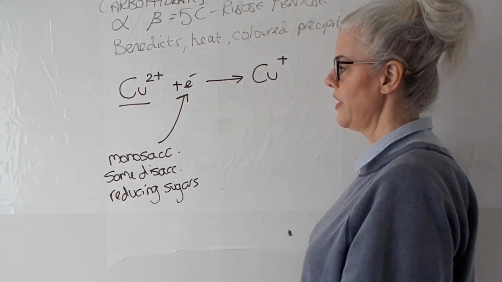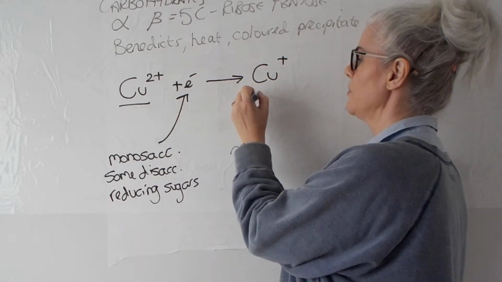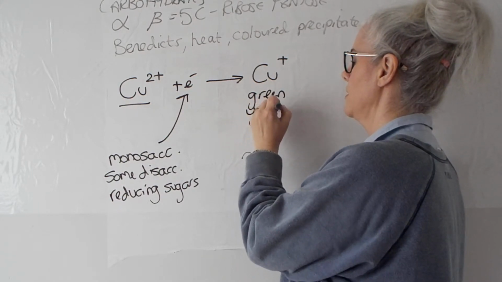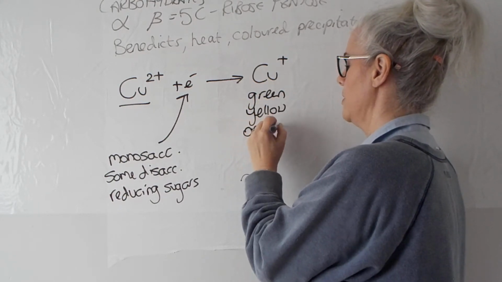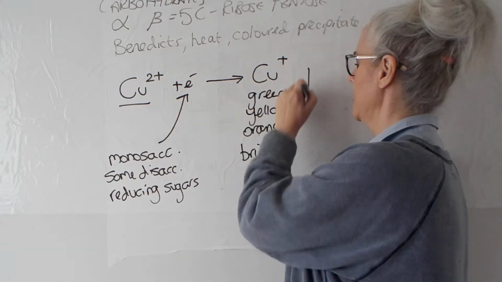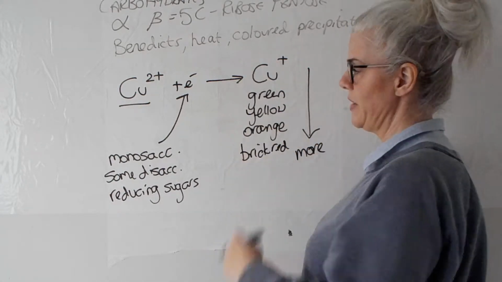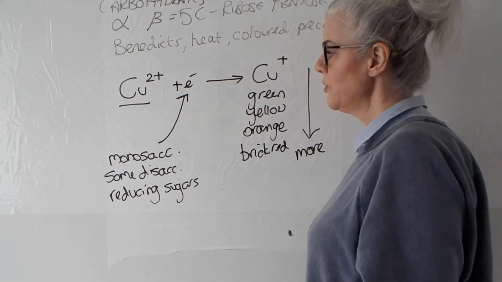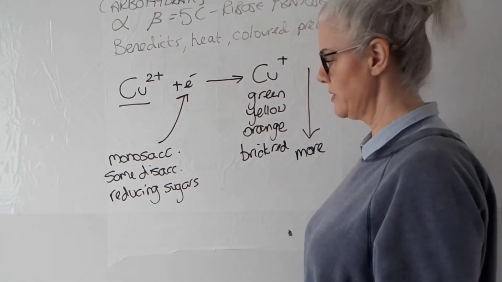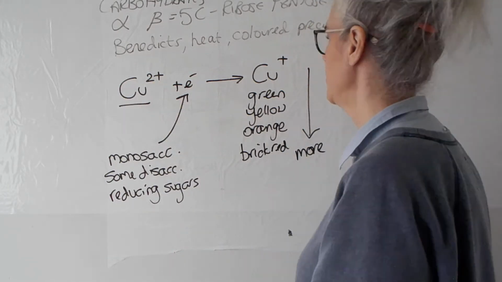Okay, so they are able to donate electrons to copper in order to produce this coloured precipitate, which can be green, it can be yellow, it can be orange, or brick red. And actually, the more sugar you have, the further down that scale you go. Okay, so these sugars, these monosaccharides and some of the disaccharides, are reducing sugars. They are able to reduce the copper in Benedict's solution.